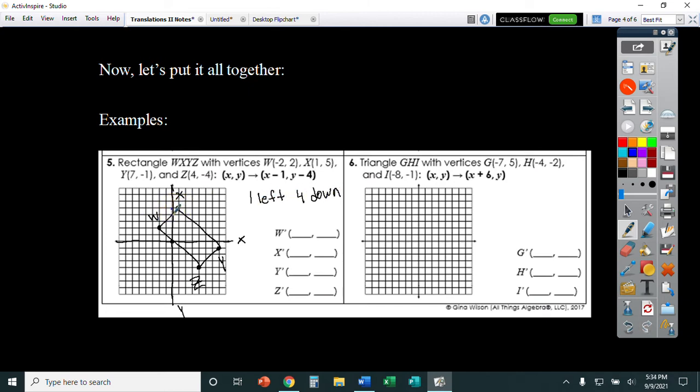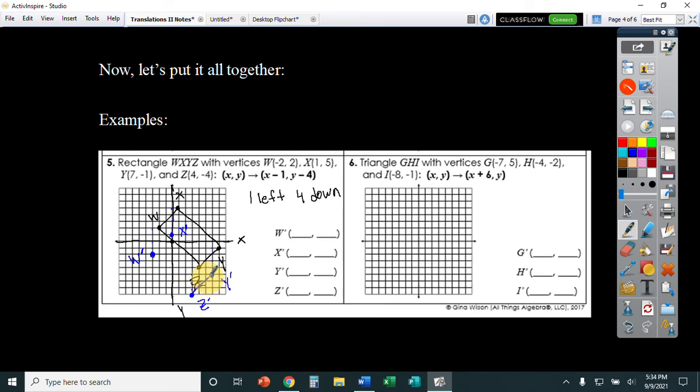So 1, 1, 2, 3, 4, and that's x prime. And then 1, 1, 2, 3, 4, and that's w prime. And then 1, 1, 2, 3, 4, and this is y prime. And then z would be 1, 1, 2, 3, 4, and this is z prime down here.